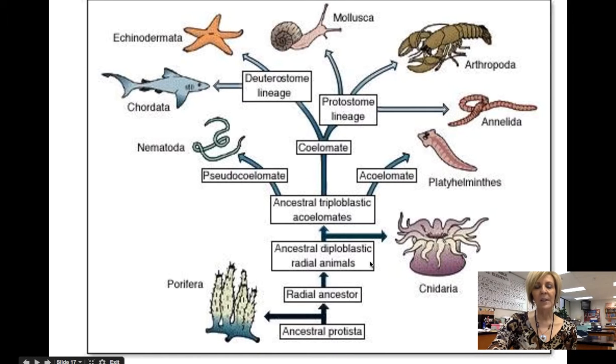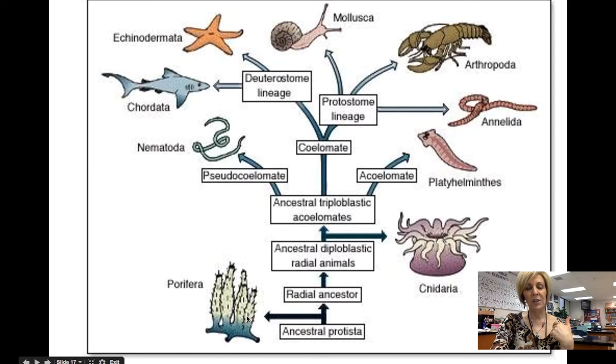This is a family tree of the animals, and let's see if we can figure out what these things are. So we have the porifera, which are the sponges, the most simple organisms that are in the animal kingdom. One of the characteristics of animals is that they are mobile, they move.